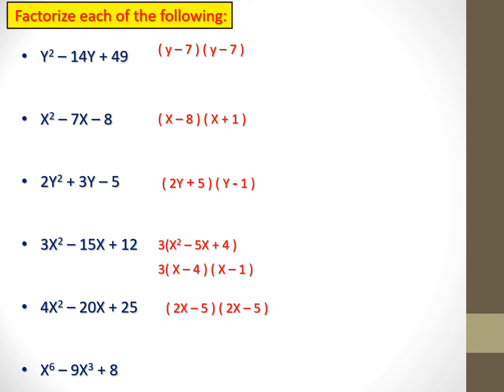Another solution, 8 equals 1 times 8, and 8 plus 1 equals 9. So the correct answer will be 8 and 1. The last sign is positive, so the middle sign is the same for the two brackets. It will be x cube minus 8 and x cube minus 1.